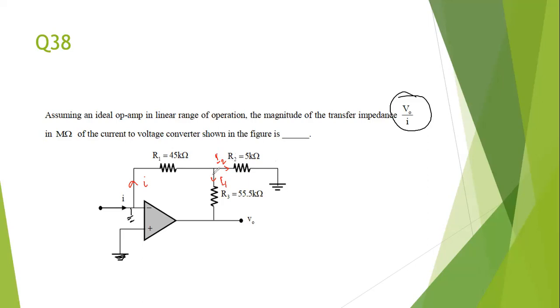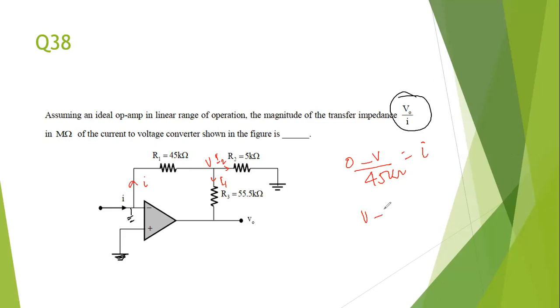We have to find the transfer impedance V0 by I. So how can you find V0 by I? Let's say this potential is V. So (0 minus V) by 45 kilo ohm is equal to I. This current is I. Now apply KVL.